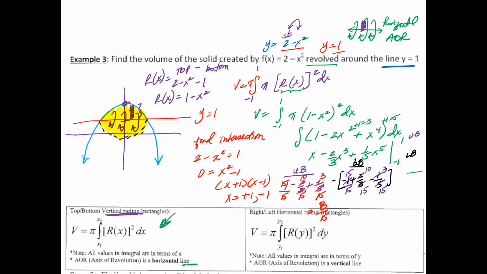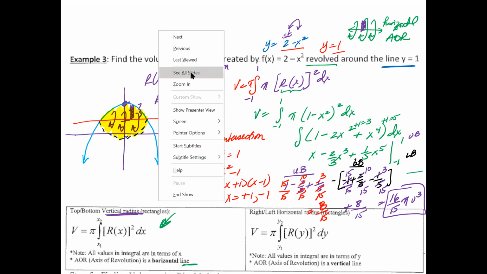Negative 5 minus 3 is a negative 8. Negative 8 times that negative here is a positive 8 over 15. Add your numerator, 16 over 15. Don't forget your pi. Unit cubed is your answer.